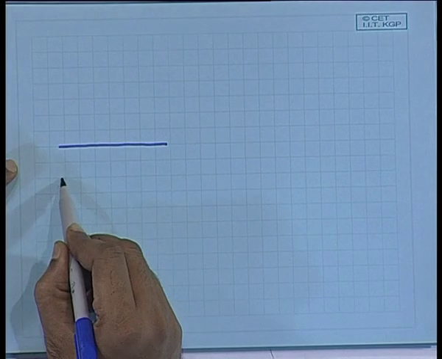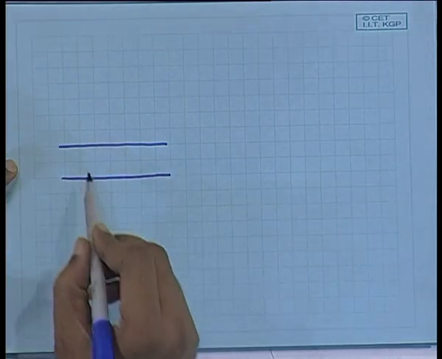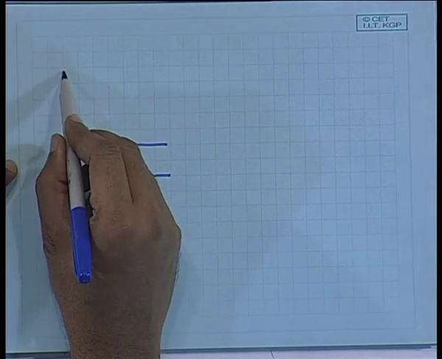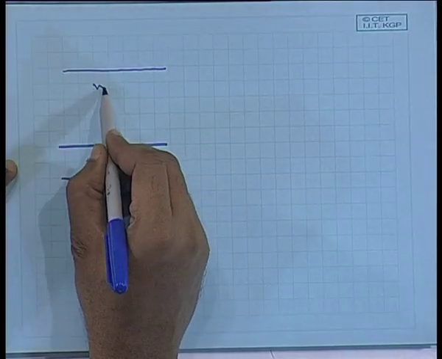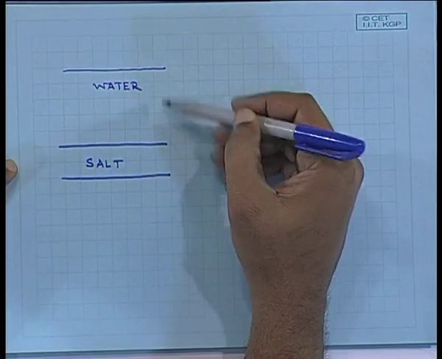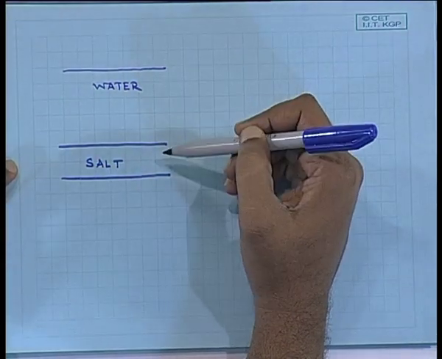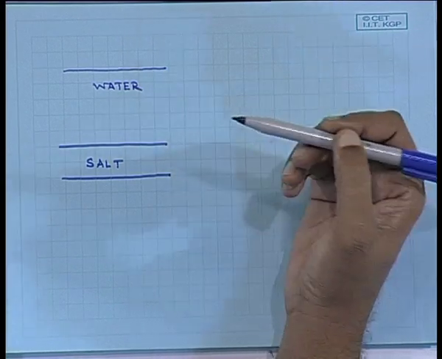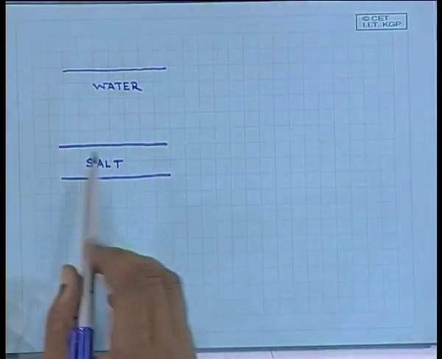This is a conceptual problem. I have a salt layer which is exposed to water, and the depth of the water is large. That means the level of water above the salt layer is quite large.